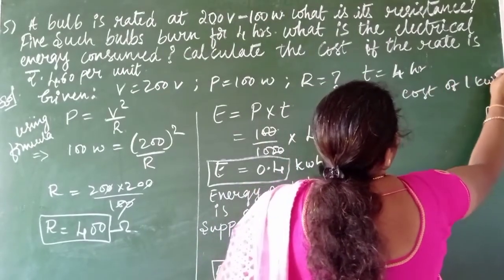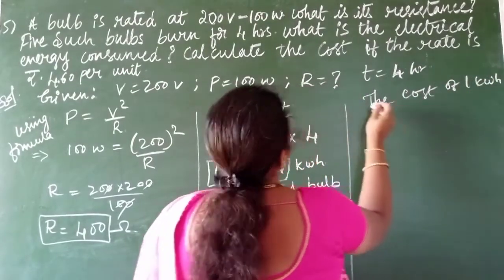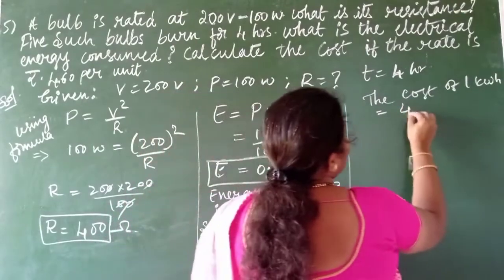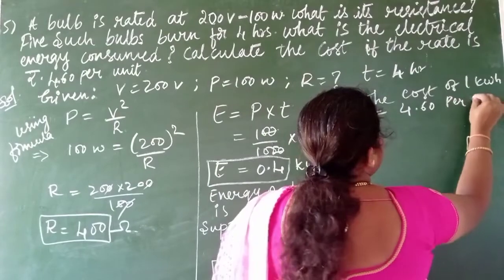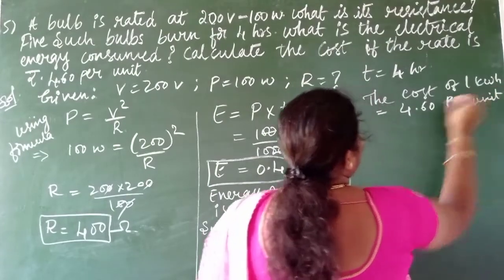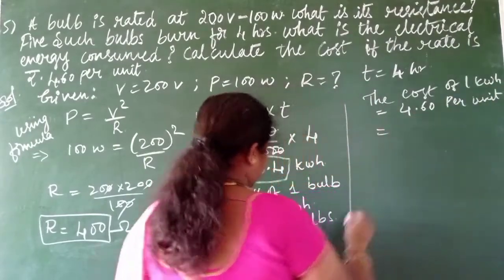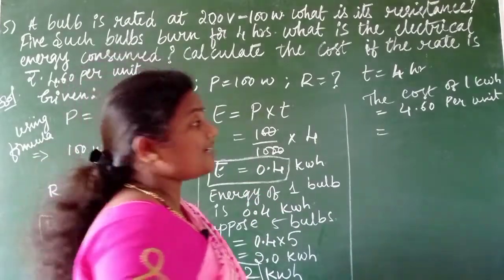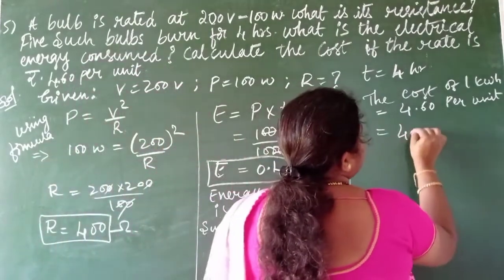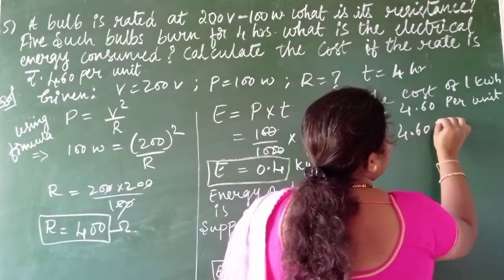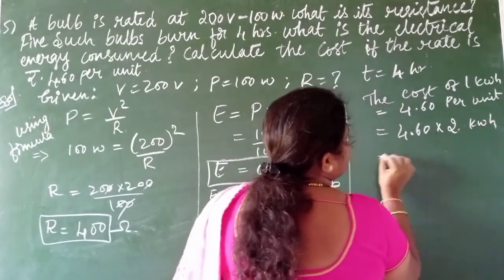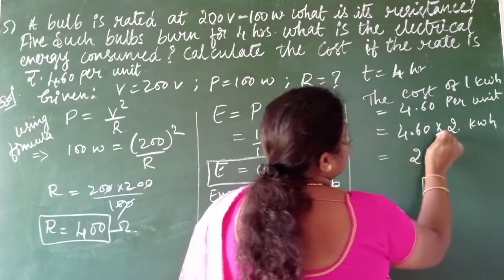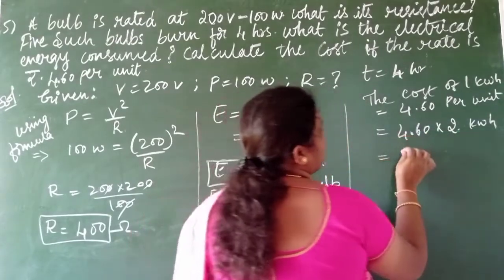Suppose the cost of 1 kWh is what is the rate, children? 4.60 per unit. Then for 2 kWh, what will be the cost? 4.60 into 2 kWh, which equals 2, then 8 plus 1, 9.